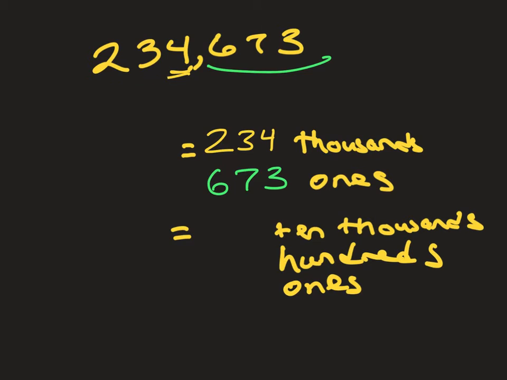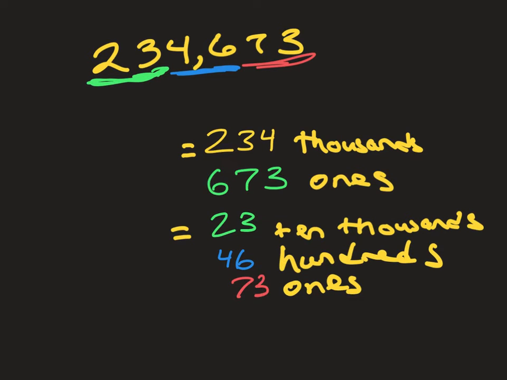Again, if we are looking at other unit values, we can check how many 10,000s. This is the largest claimed place value, 23 10,000s. That leaves hundreds and the place value larger, 46 hundreds, and the remaining 73 ones.